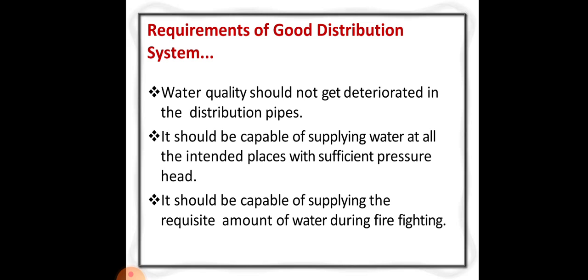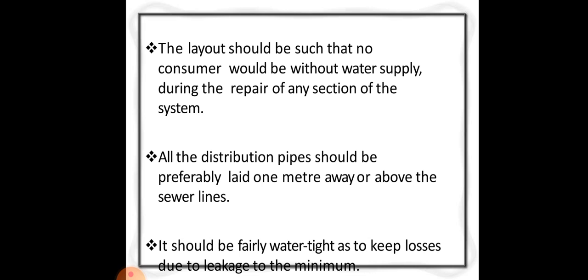During that period, it should not cause any obstruction to the flow of water to other parts of the community. So this is also one point which a good distribution system should satisfy. And also the initial cost of the distribution system should be as low as possible. And so these are the different requirements of a good distribution system.